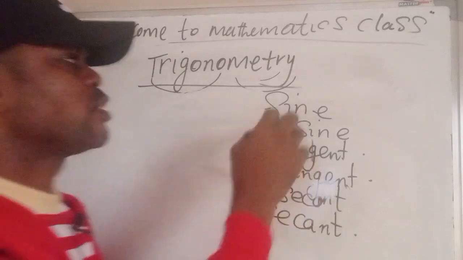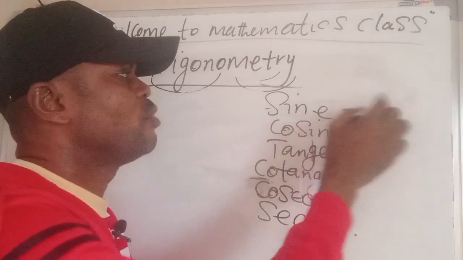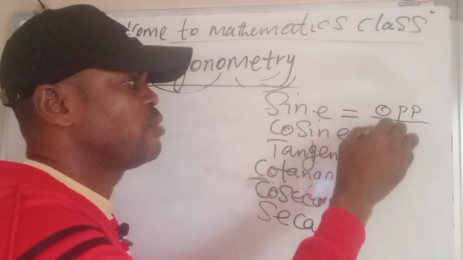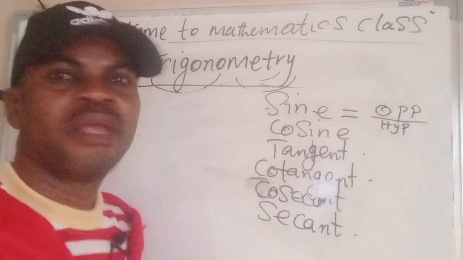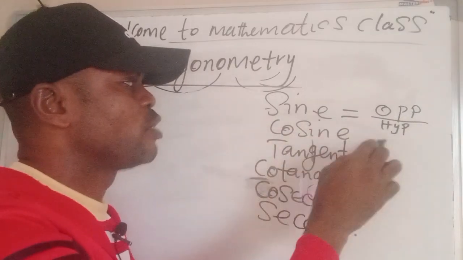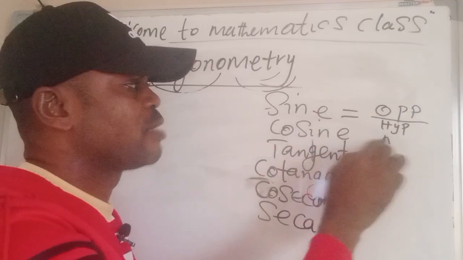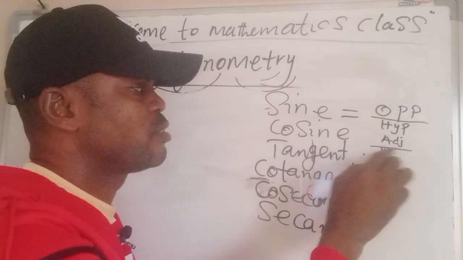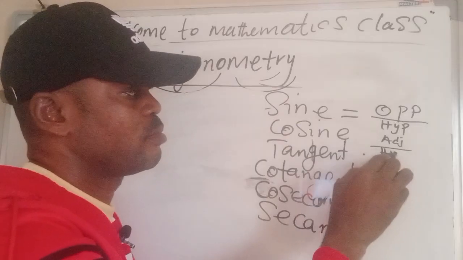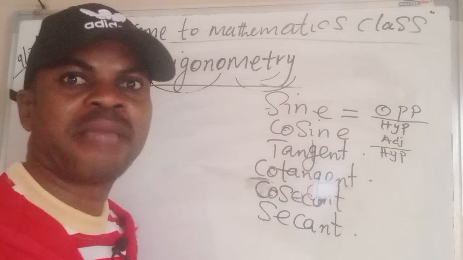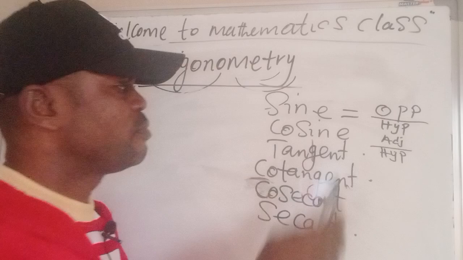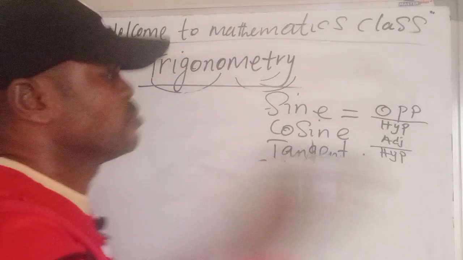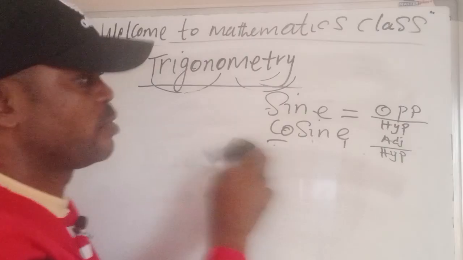When you hear sine, it studies the relationship between the opposite and the hypotenuse. When you hear cosine, it studies the relationship between the adjacent and the hypotenuse, represented with HYP. Sorry, they are too close, let me separate them further.